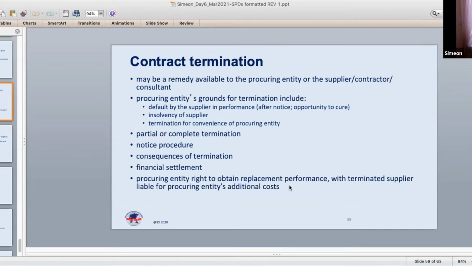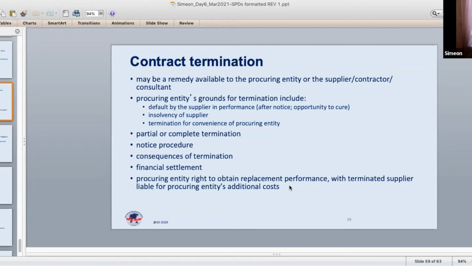Contract termination. Basically, these types of provisions in a nicely drafted contract should include not only the grounds for termination by the procuring entity, but also the grounds for termination by the contractor or supplier, because it should be a two-way street.